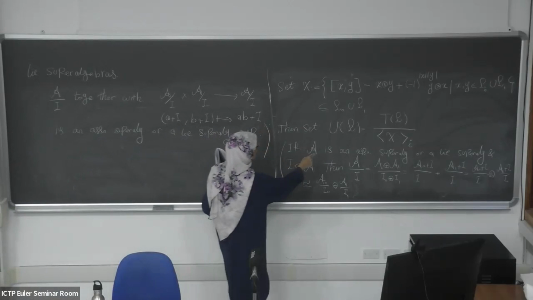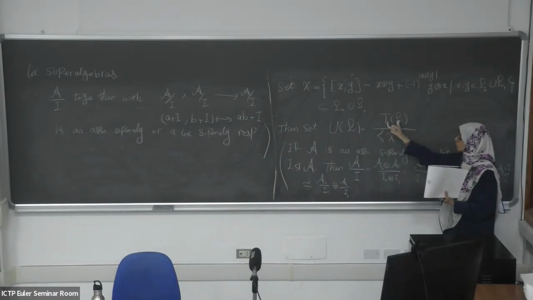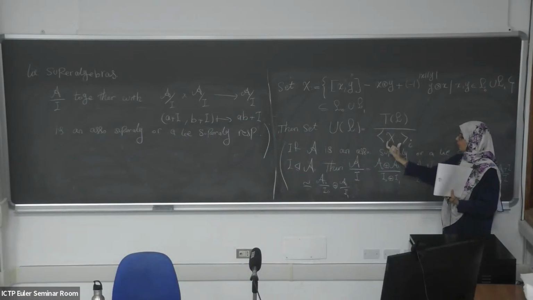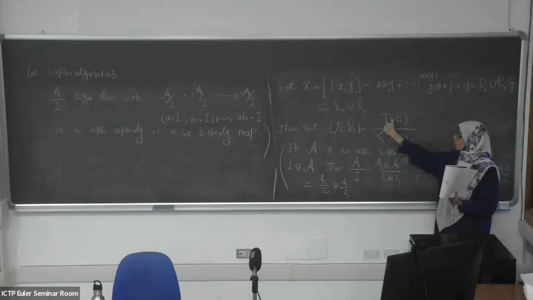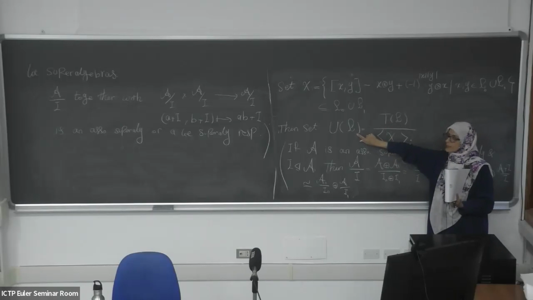And here we have TL. TL is an associative superalgebra. We have an ideal here, so I can talk about the quotient of TL over this ideal, and we get this UL.